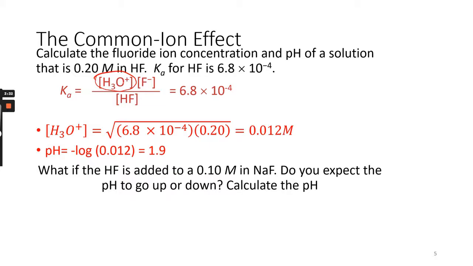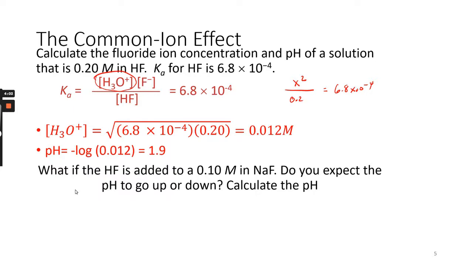If we assume that it decreases by some value of X and hydronium and F- increase by X, we end up with X squared over our concentration of HF is equal to our Ka value. Then rearranging and solving, we get 0.012 molar for our hydronium. We take the negative log of that, we get a pH of 1.9.